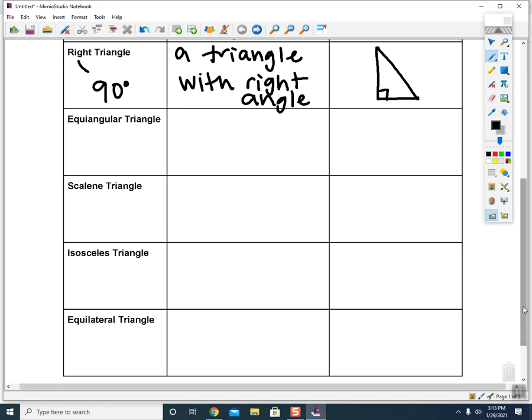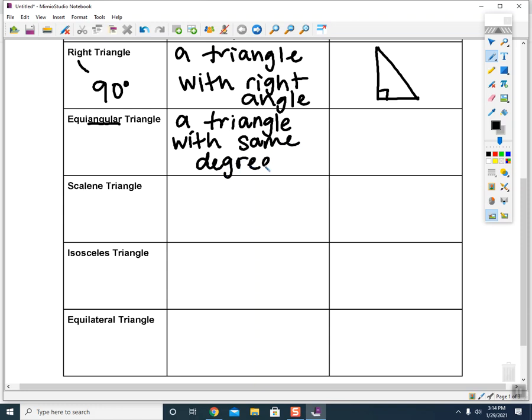I also have what's called an equiangular triangle. What I can pay attention to is this angular part. So an equiangular triangle is a triangle with same degrees. So all of my angles are the same degree. There's actually only one triangle that's going to do that.